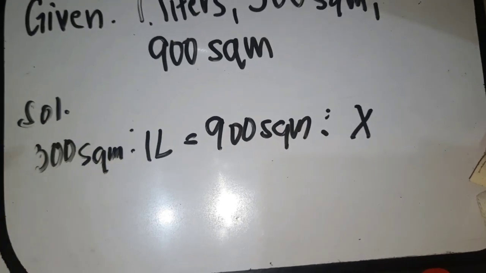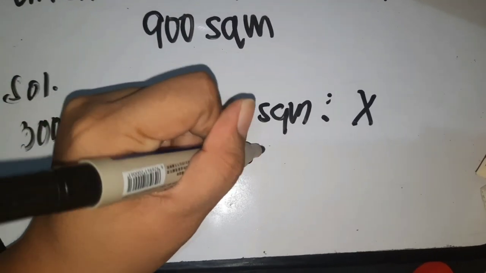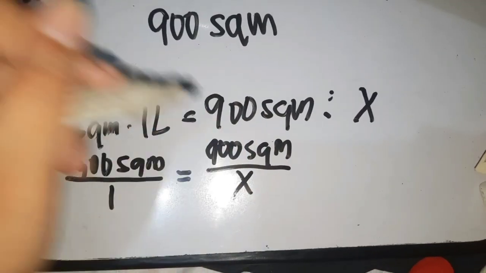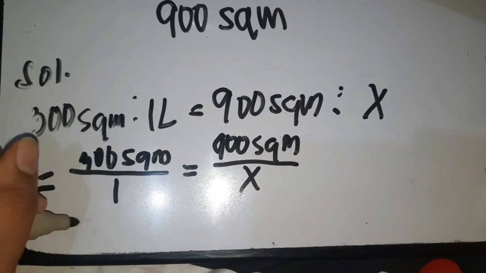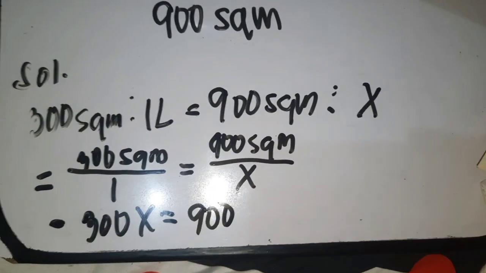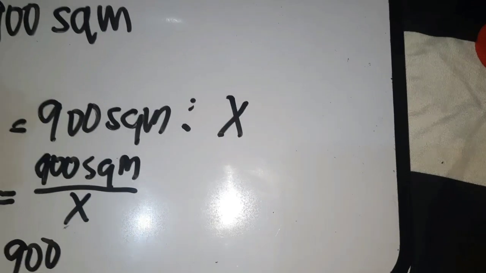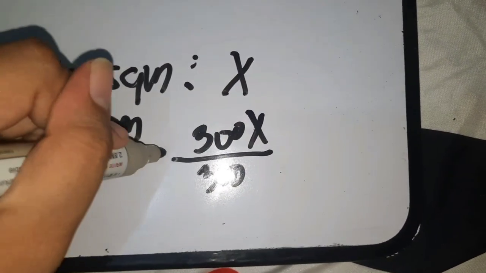Then, we divide these. So it will become 300x equals 900. Then we divide 300x over 300, and 900 divided by 300.